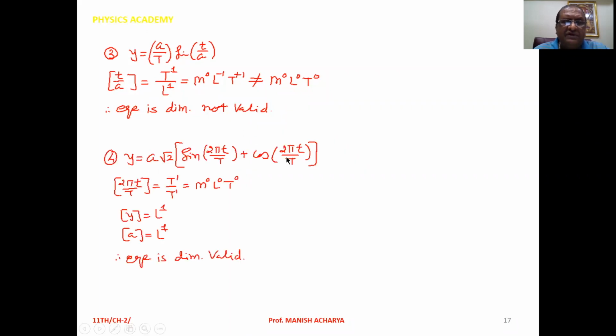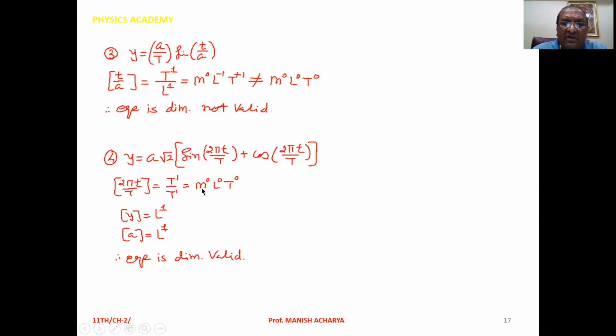Now the fourth equation: y equal to a√2 [sin 2πt/T + cos 2πt/T]. Here with sine and cosine both, the term is 2πt/T. So first check its dimensions. It should be M^0 L^0 T^0. Let's check this. 2π small t upon capital T: small t is time, so T^1, capital T is also time, so T^1.